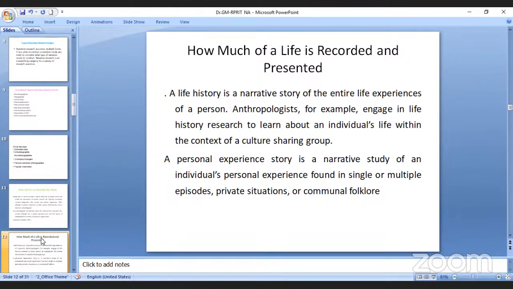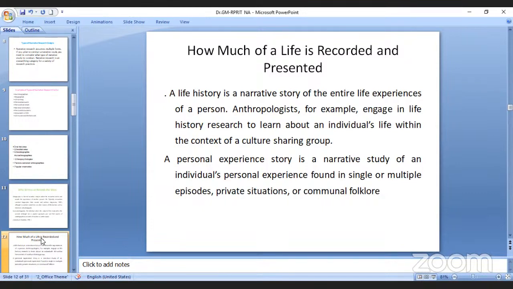They live in deep forests. They will not mingle with others in a town or nearby cities. They always live with their own community. The forest is their space. They will not come out of the forest. So anthropologists look for them. So here it is individual life within the context of a culture sharing group.